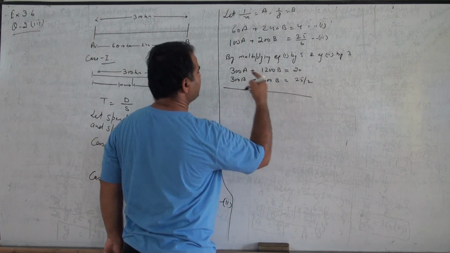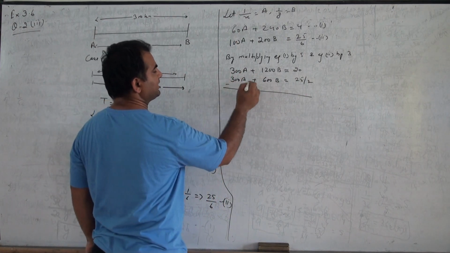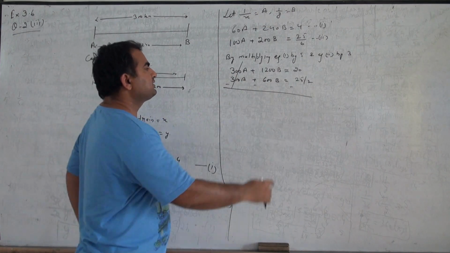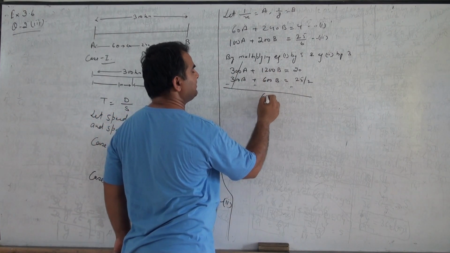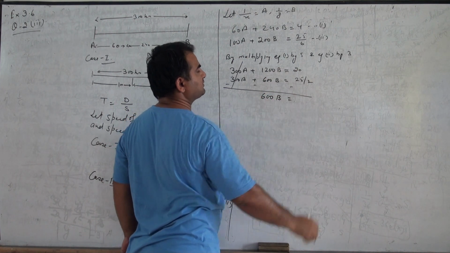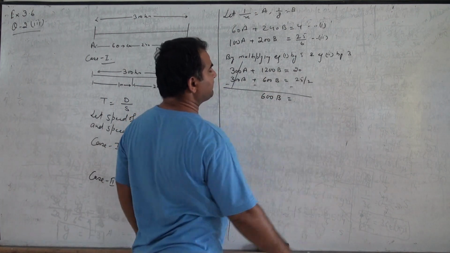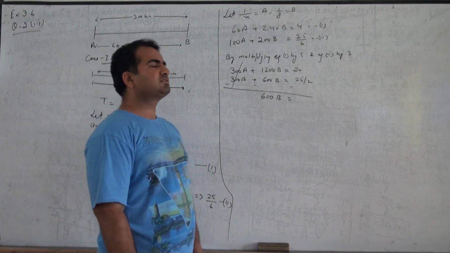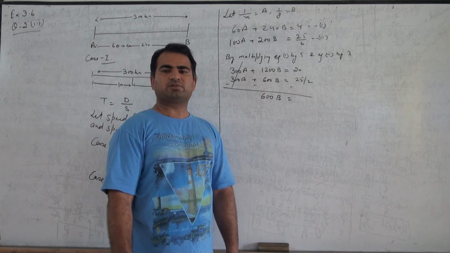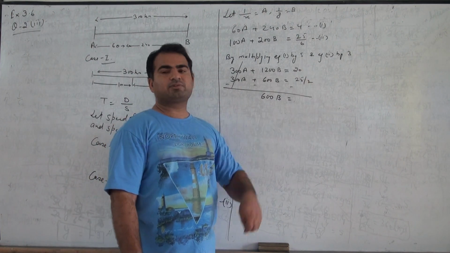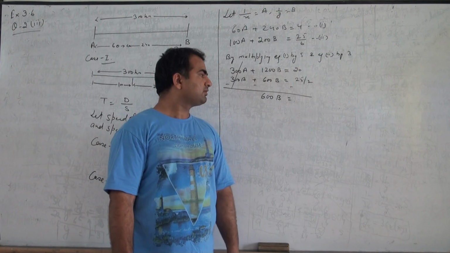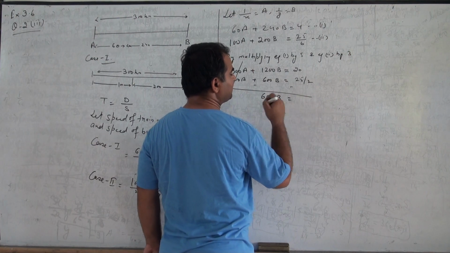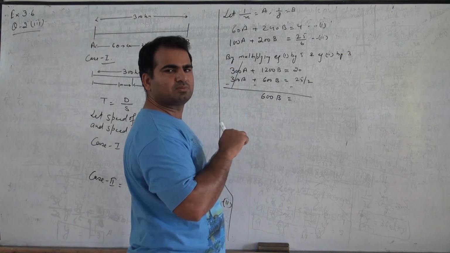Now we subtract equation 2 from equation number 1. 300 minus 300 equals 0, and 1200 minus 600 is 600b, equals 20 minus 25 by 2. 25 by 2 is 12.5, and 20 minus 12.5 is 7.5, or we can write it as 15 by 2.